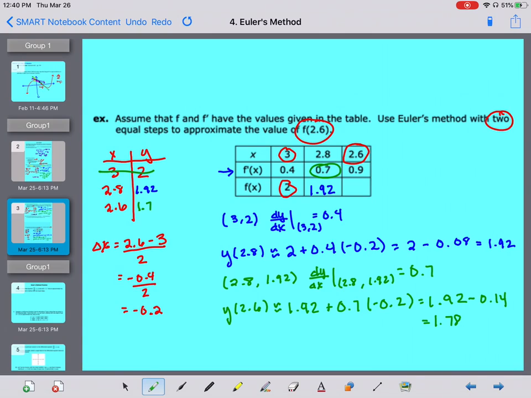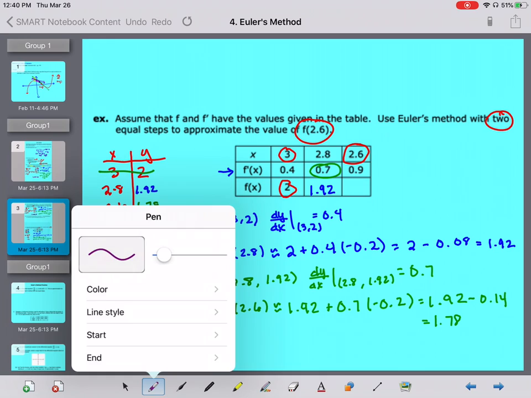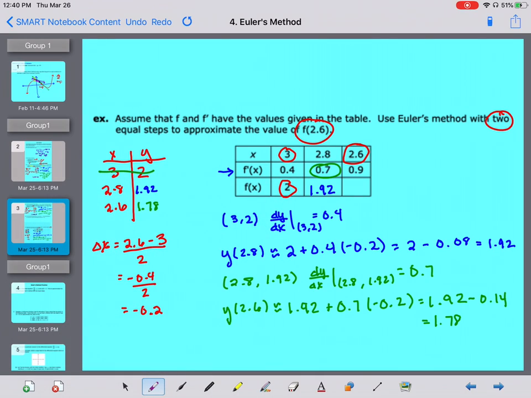So that's right there. And what that means for us is that our f of 2.6 is approximately 1.78. Okay, so it really is just our tangent line approximation over and over again.